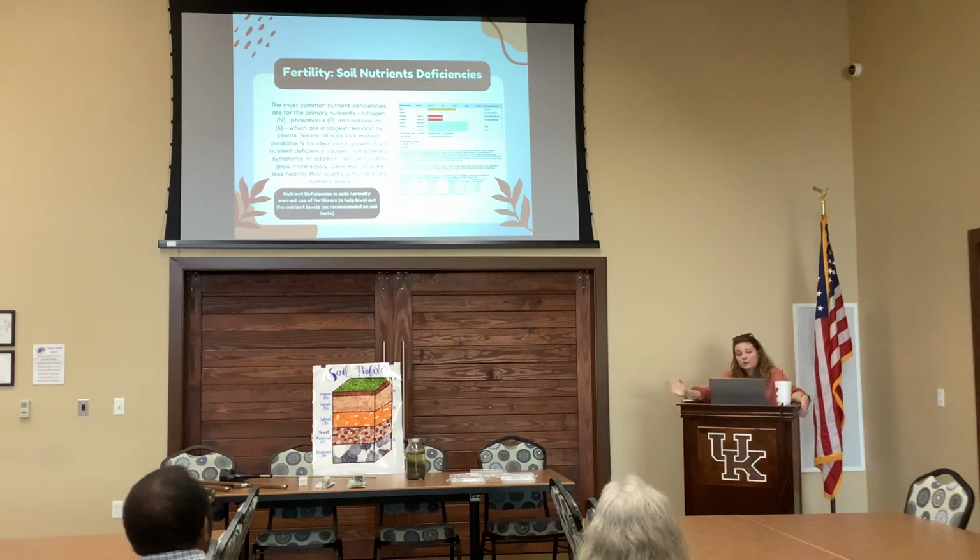A lot of times, being in the agronomy world, you can normally spot a nutrient deficiency right off the bat because the plant is going to show signs. Normally it's a visual color sign, or stunted growth, or scorch on the ends of the leaves.